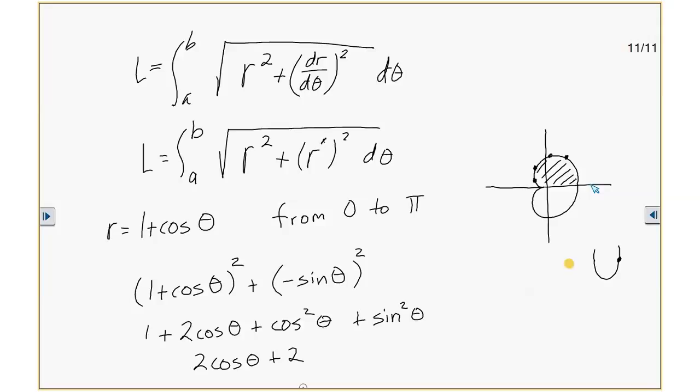All right, 2 plus 2 cosine of theta. I'm having a brain bubble right now. I mean, you could put that under the radical, but I want to get something I can take the square root of.